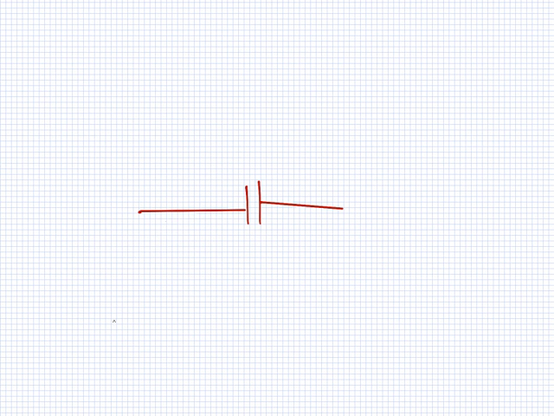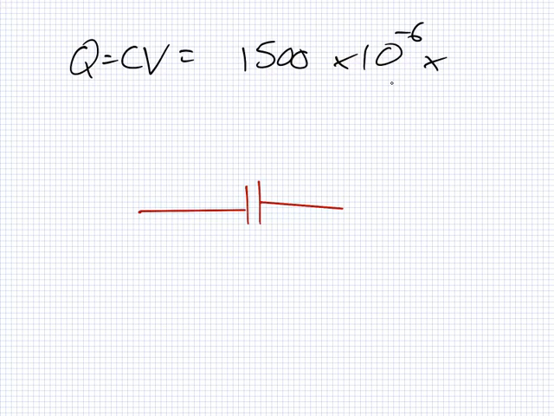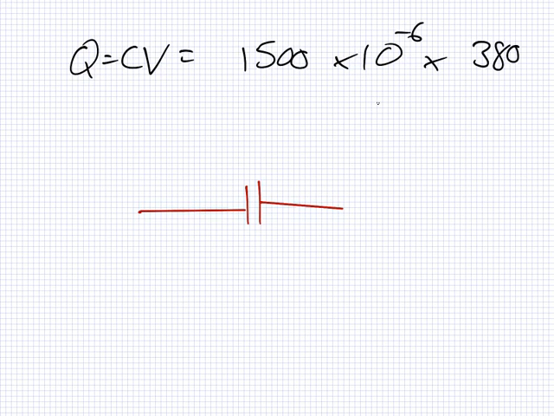Okay, coulomb. Monica, what's the full answer here? 0.57 coulombs. Okay. That's how much charge is held.